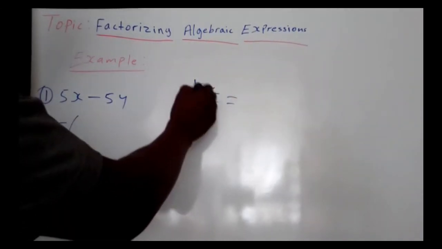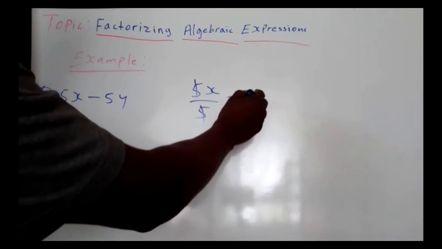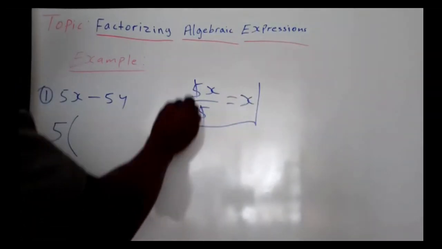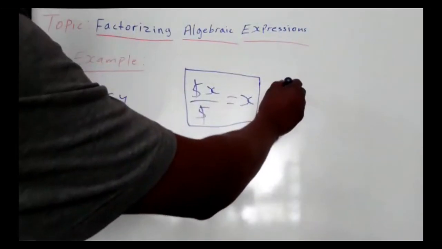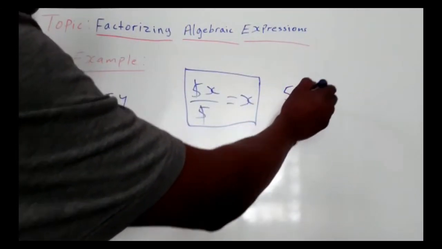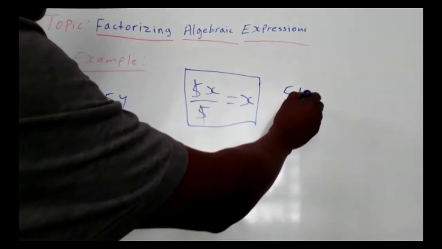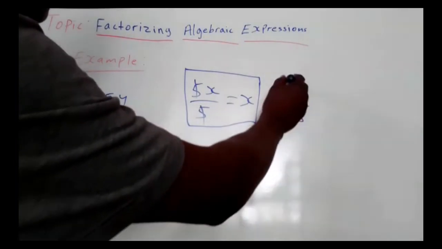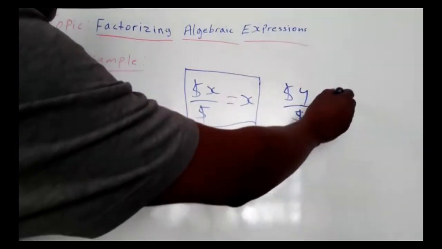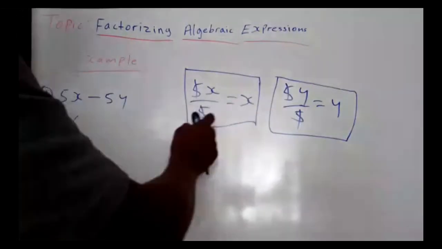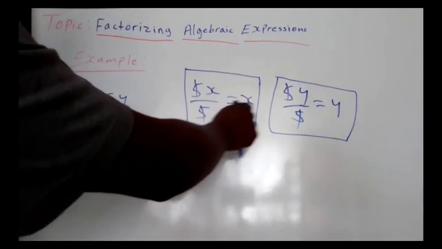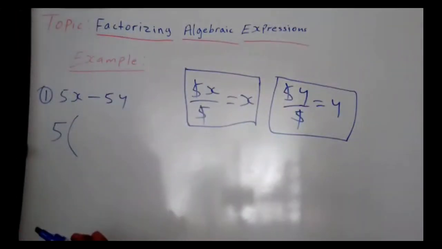So this 5 cancels this 5, so x remains. This is just for rough work. And 5y divided by 5, this 5 cancels this 5, equals y. So we have x, and we have y remaining.